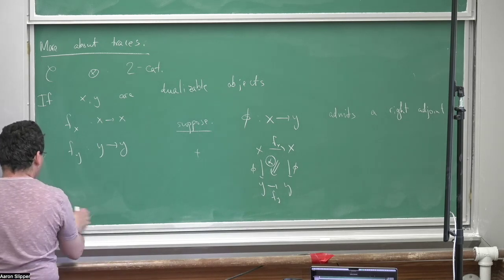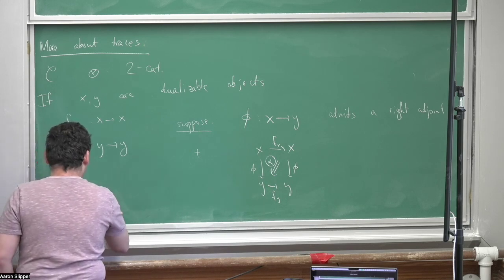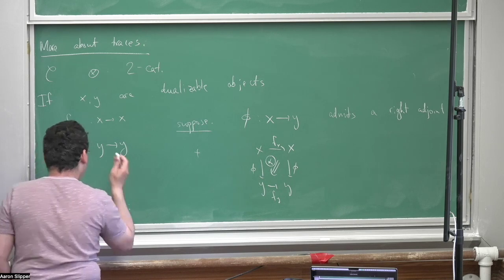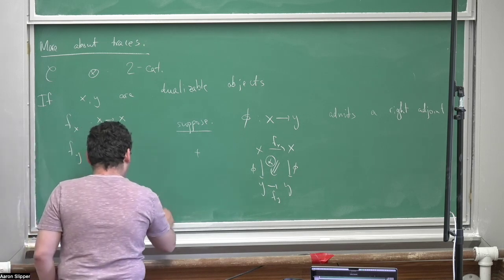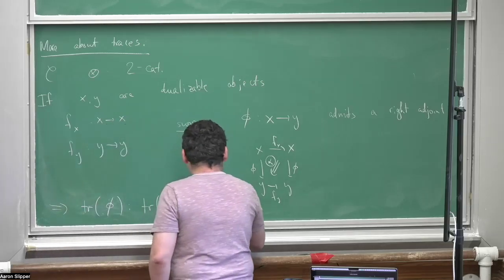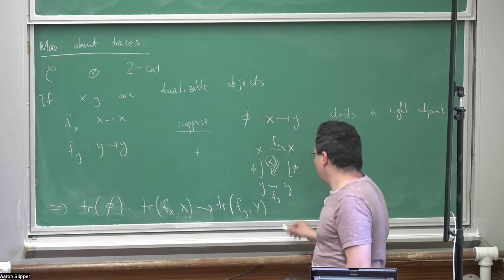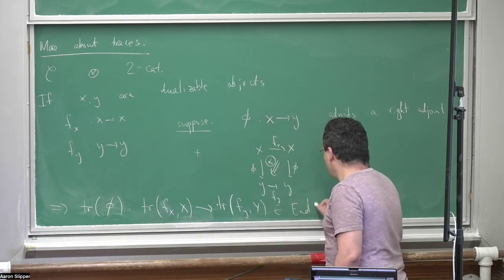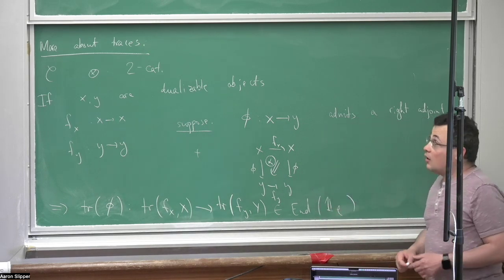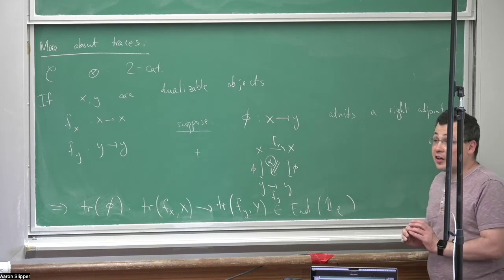This induces a map, trace of phi, from the trace of f_X on X to the trace of f_Y on Y in the endomorphism category. So this is the novel feature about traces in 2-categories.